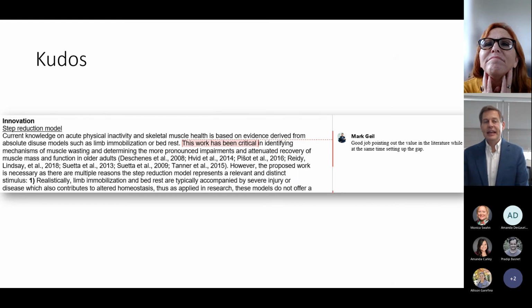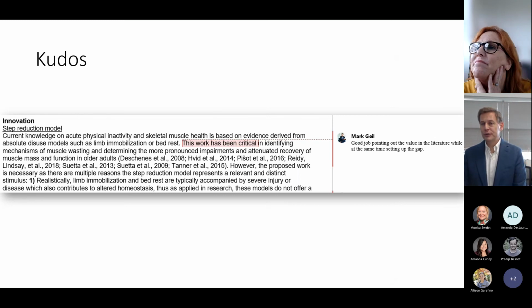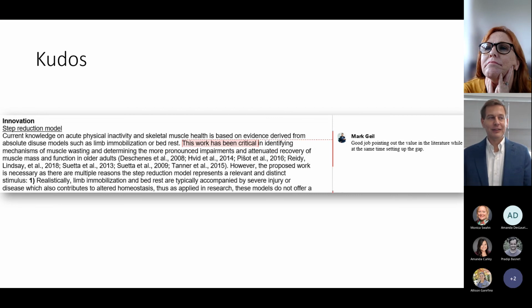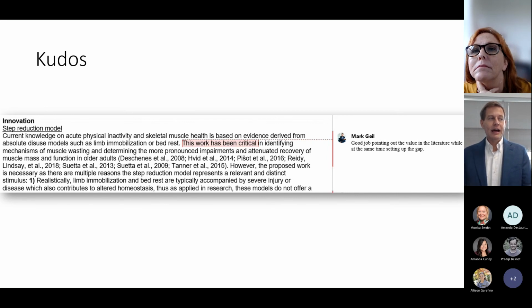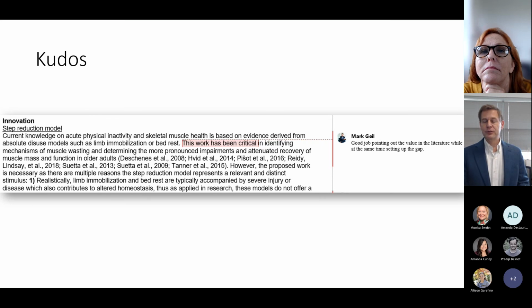And I mentioned, it's nice to give kudos too. It's nice that not all of your critical friendly review is negative. I thought the author of this proposal did an excellent job here pointing out the importance of the previous literature while also setting up the gap in the previous literature. You see a bunch of names listed here, and it says this current knowledge has been critical in identifying these mechanisms.